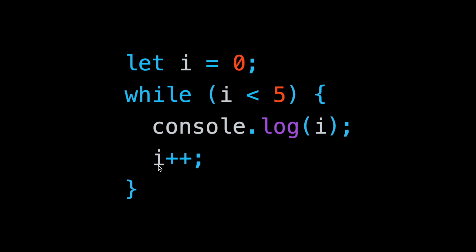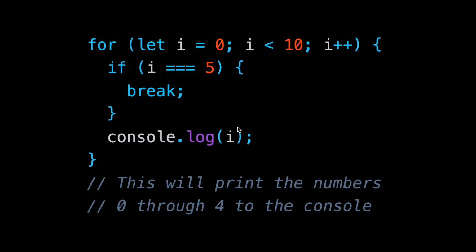So i++. So that's going to increment i by 1. So every time it goes through this loop, it's going to increment by 1. So it's going to first console 0, 1, 2, 3, 4, and then it'll break out of the loop because once i is equal to 5, we'll break out of the loop, so it will never console.log 5.